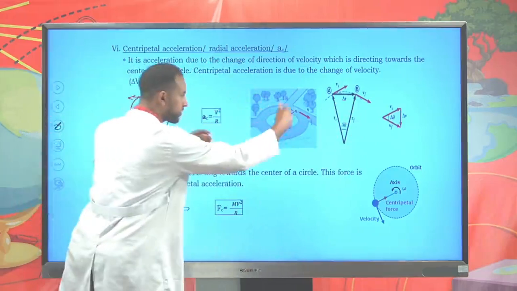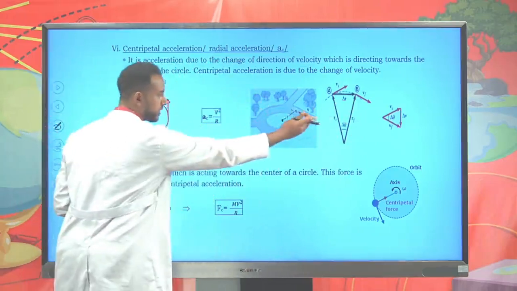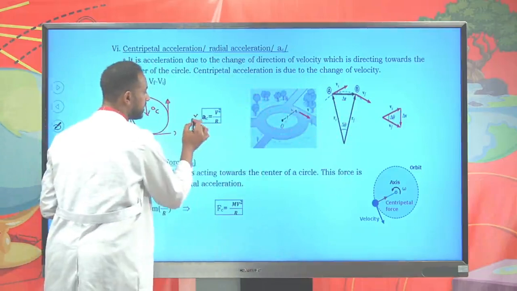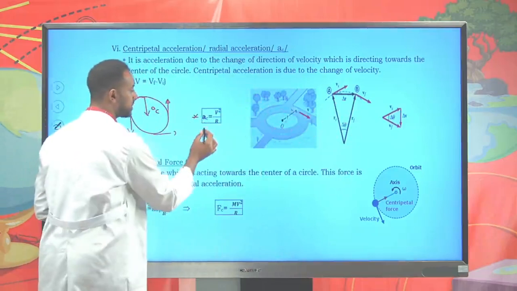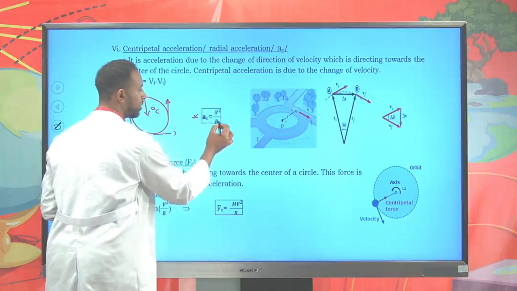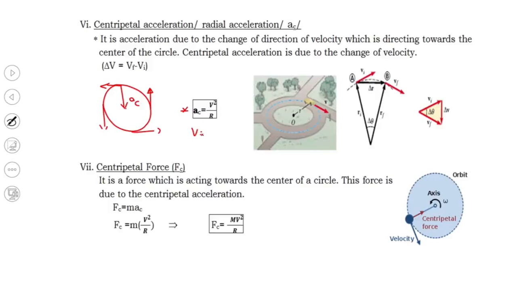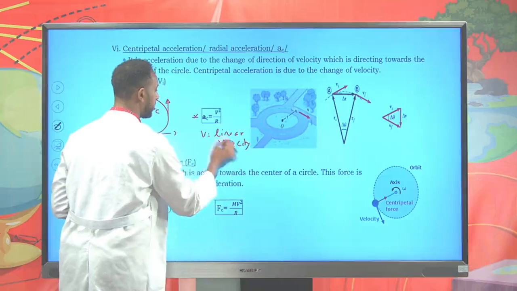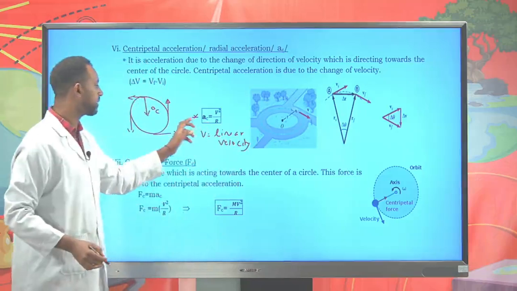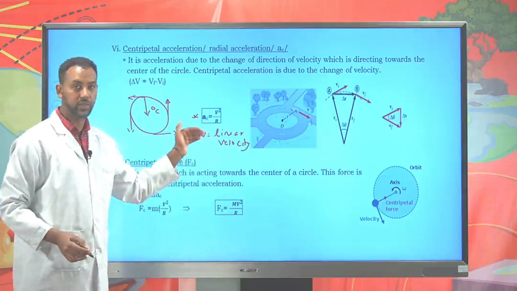And from similarity of triangles, which we can find in different books, we can find the expression for centripetal acceleration as v squared over r, where v is the tangential velocity or linear velocity, and r is the radius.